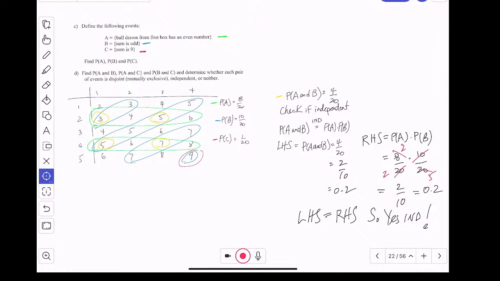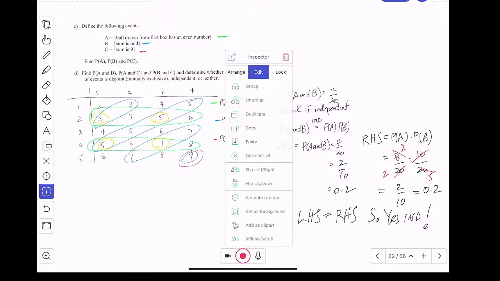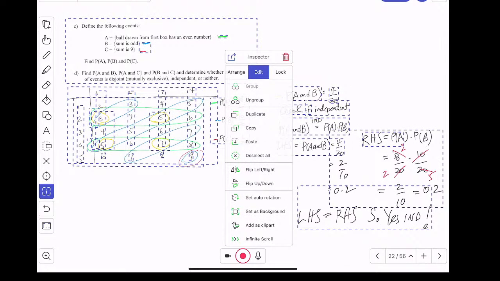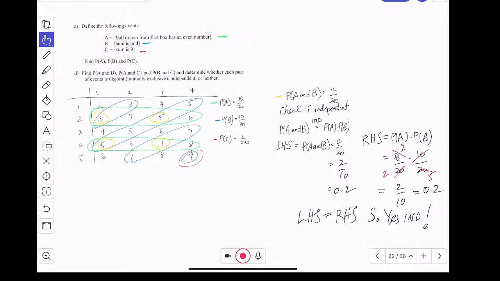So now what I want to do is visualize that, use the drawing to see that. So if you look here, how do we see that? Overall, the chance of A is 8 out of 20. And the chance of B is 1/2. I can reduce those a little bit.